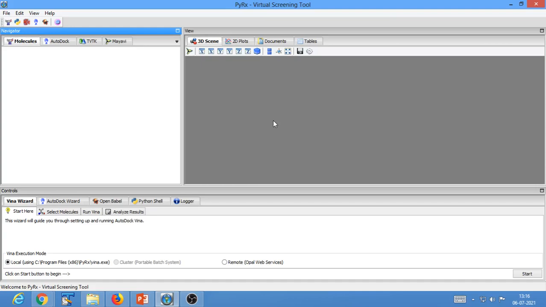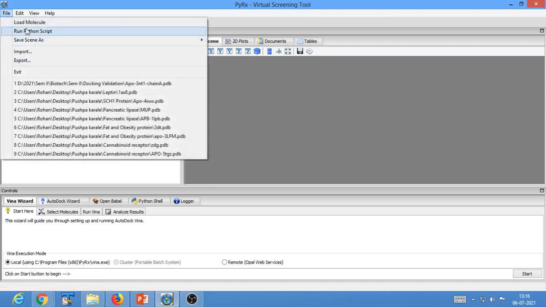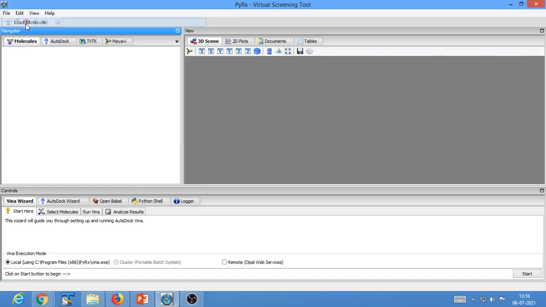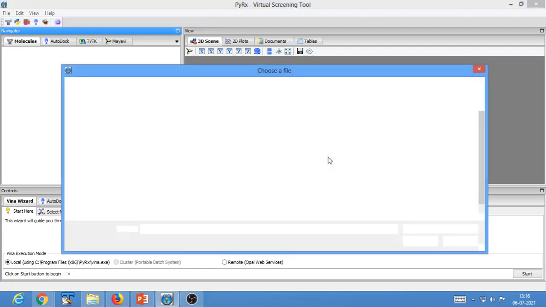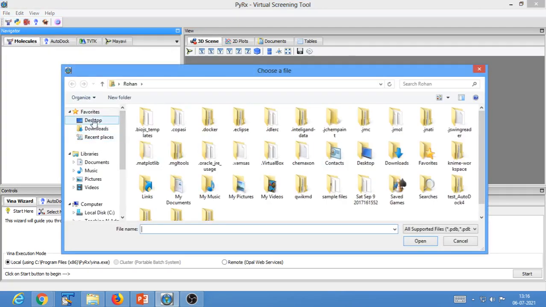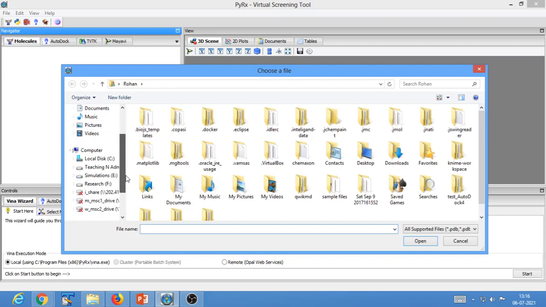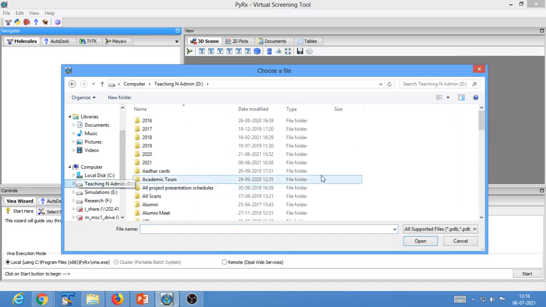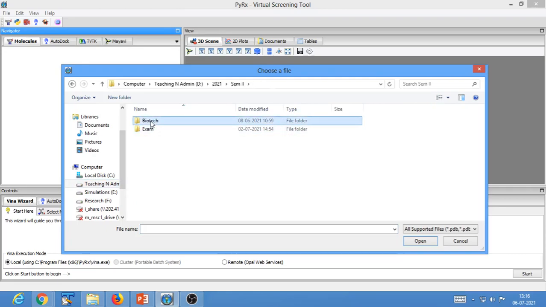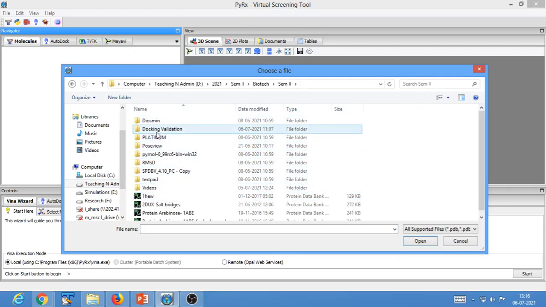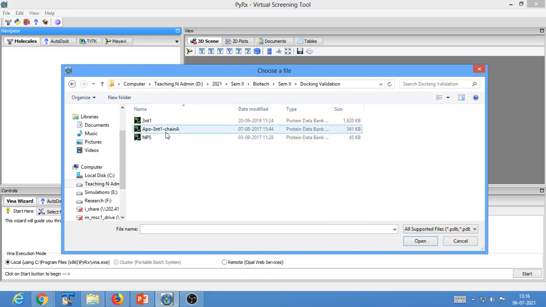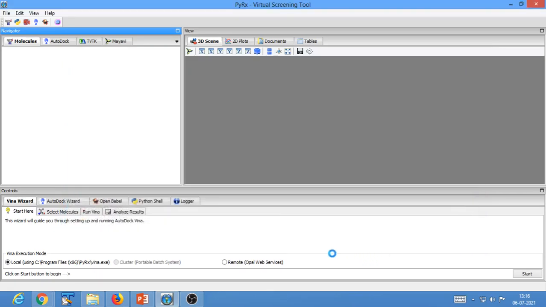Let me first show you how the results of molecular docking might look. I will load a target protein first. Here we have the docking validation. Here is the protein molecule that I am loading.